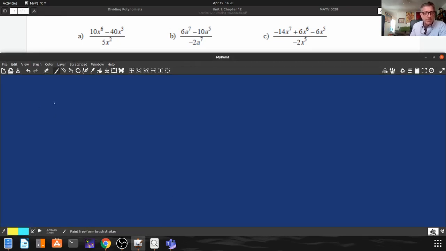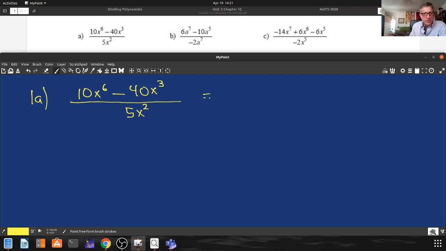So 1a, we are given 10x to the 6th minus 40x cubed. That is the sum in our numerator, all of which is being divided by a monomial. And all we're going to do in this course is division by monomials.